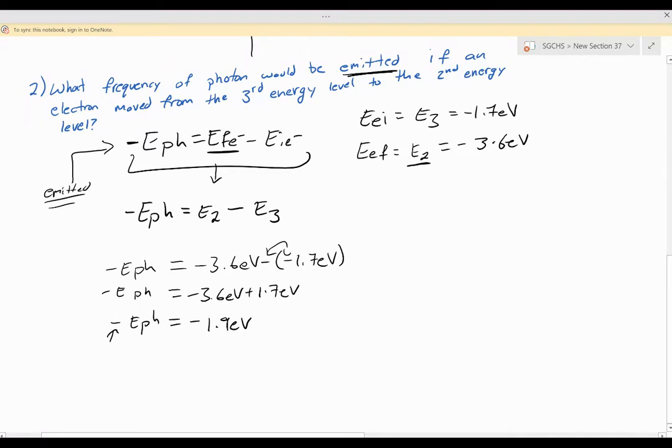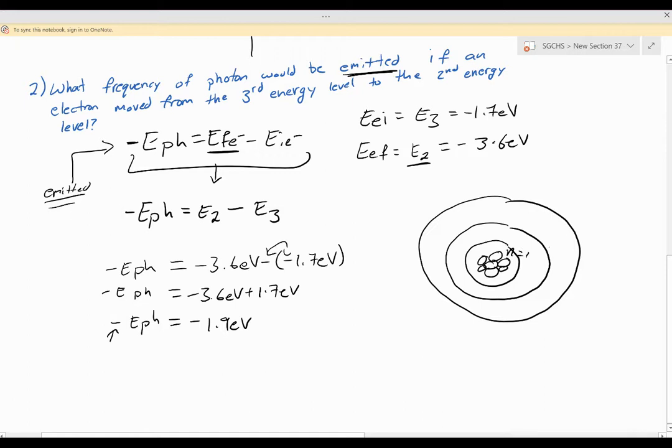Okay, and again, the reason we're getting that is because this equation is in the perspective of our atom. So remember, we have our atom here, and let's just draw our three states. We have our ground level n equaling 1, n equaling 2, and n equaling 3.